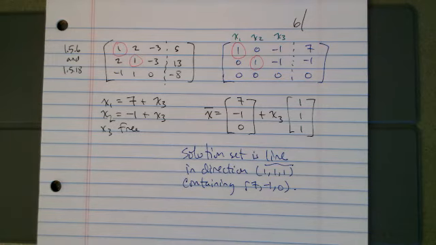All right, so what do we got in 22? In 22, line M through P and Q. So line M goes through P and Q. So you want the direction from P to Q. Just subtract those two vectors. Q minus P will be the direction that we're looking for. And it contains one of those points.